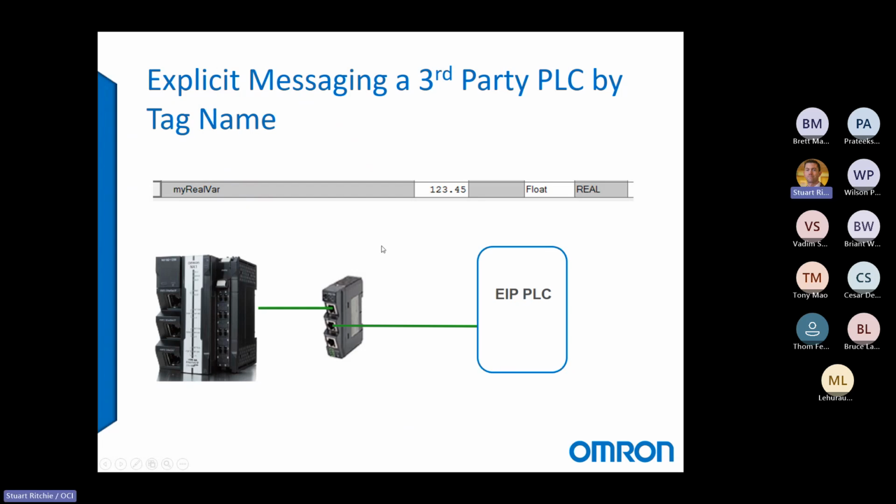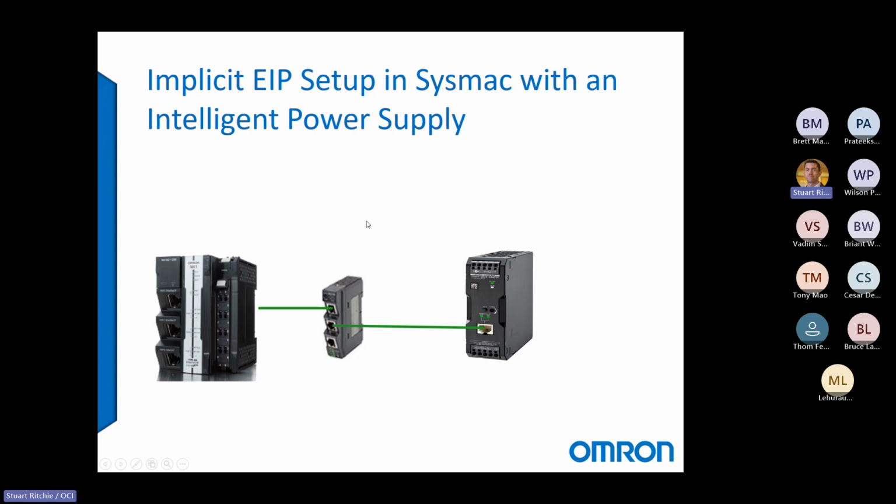Okay, so that was our third-party tag-based explicit messaging. Implicit messaging is something that's a lot more common, and I'm sure a lot of you are more familiar with implicit messaging. So implicit messaging is Ethernet IP communications that are handled essentially behind the scenes. We tell our PLC the target IP address, the instance, the data size, that kind of thing.